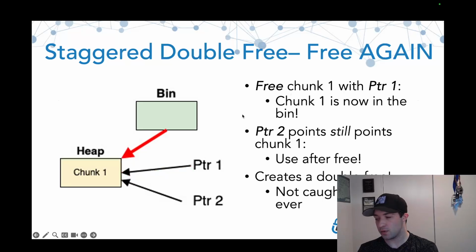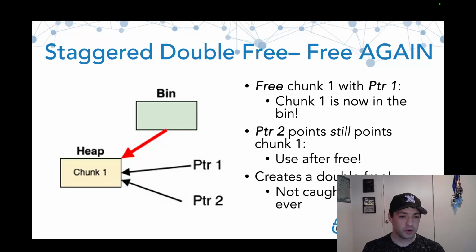So we can use pointer 1 to free chunk 1. And now, pointer 2 actually has a use after free on it now, which is pretty awesome. We never actually had to use pointer 1 to write to it, but now pointer 2 has a use after free. This is the more common version of the double free that gets exploited.